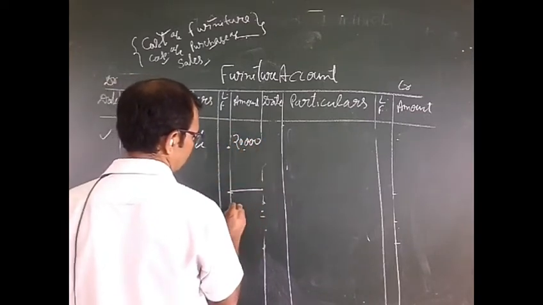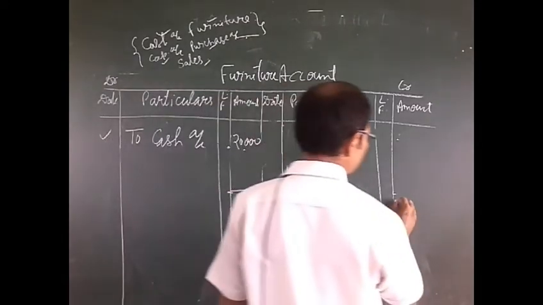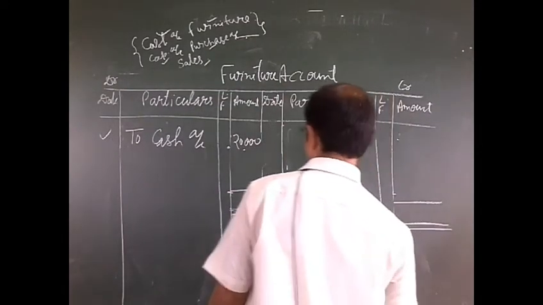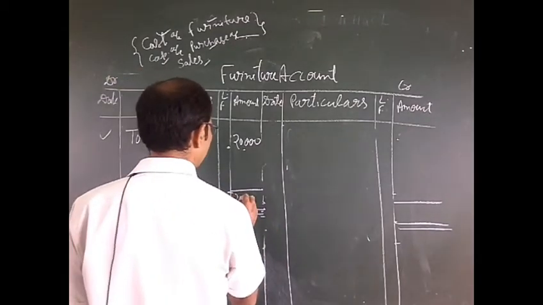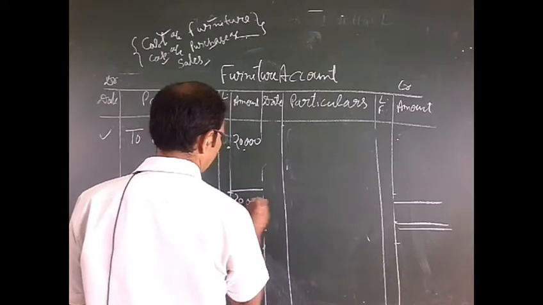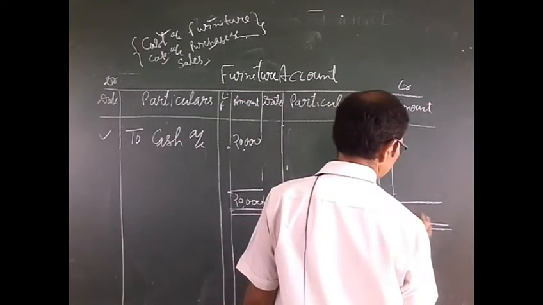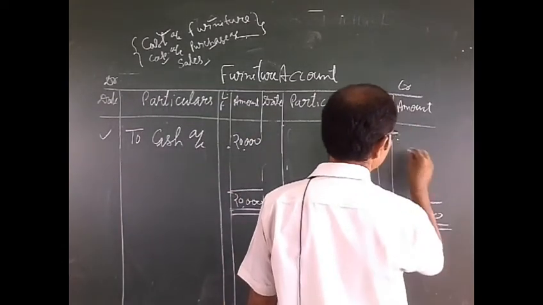There you will not find anywhere the name of furniture, so this account is completed, and we will find the balance of 20,000.